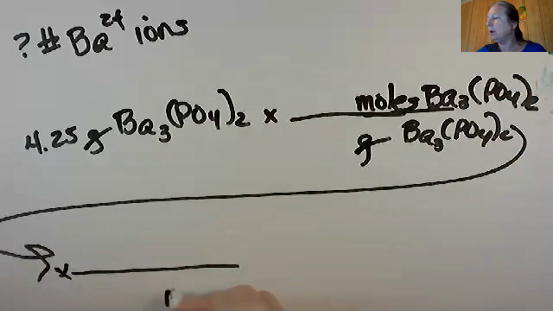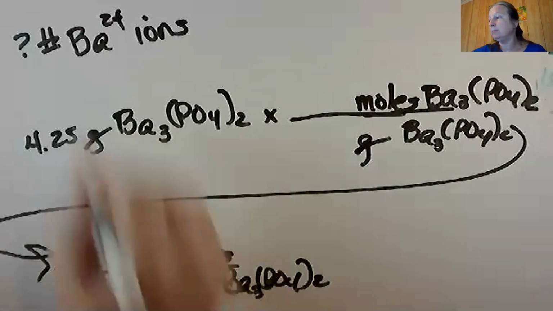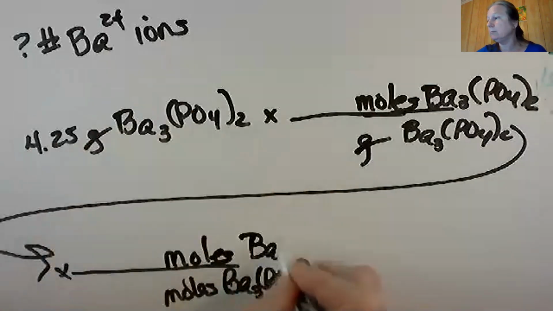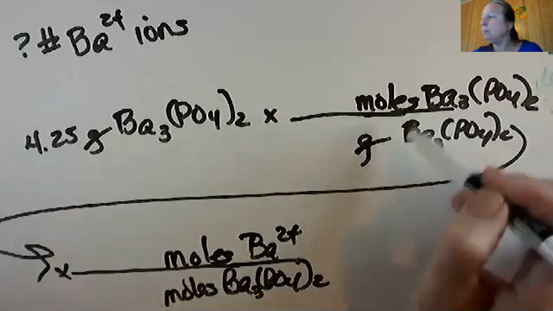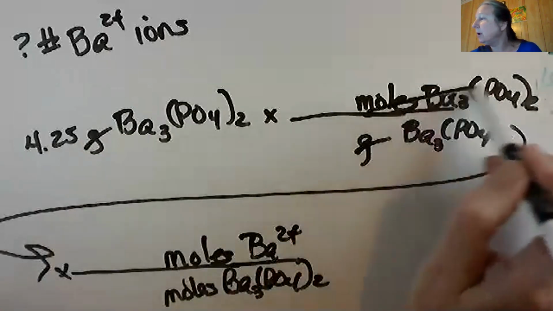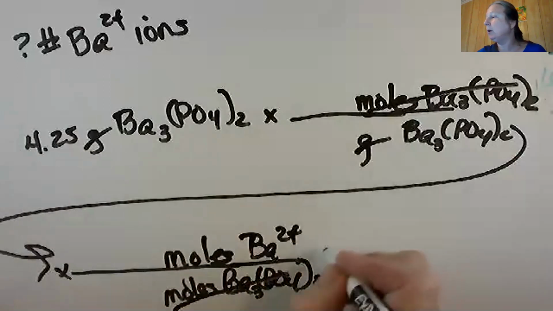So I have moles of my compound, and I want moles of barium ion. Okay. My moles of compound will cancel, and now I'm in moles of barium ion. But it's asking us for the number. Well, that's Avogadro's number.